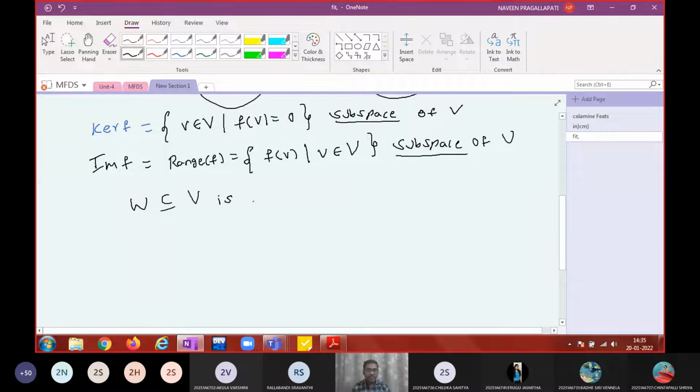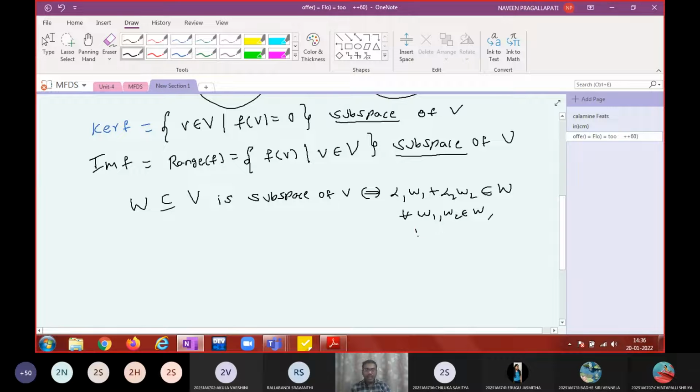W is a subspace of V if and only if alpha 1 W1 plus alpha 2 W2 must belong to the same set W, for all W1, W2 belongs to W, and for all alpha 1, alpha 2 belongs to the field F. If such condition is satisfied, then we say W is a subspace.